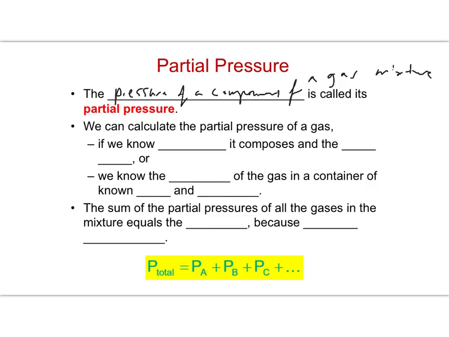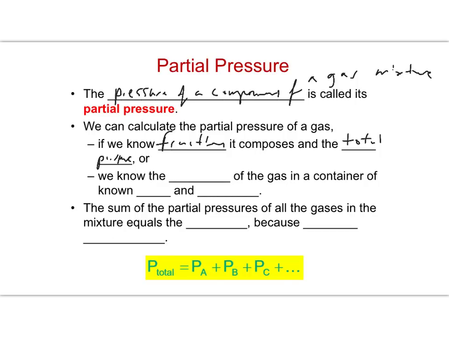If you know the fraction and you know the total pressure, you can calculate the partial pressure. So if you know the fraction amount of the component, you multiply that by the total pressure, and that'll give you the partial pressure.